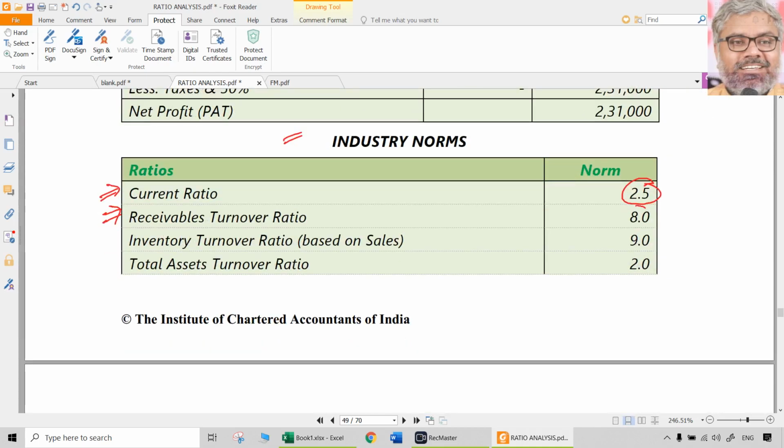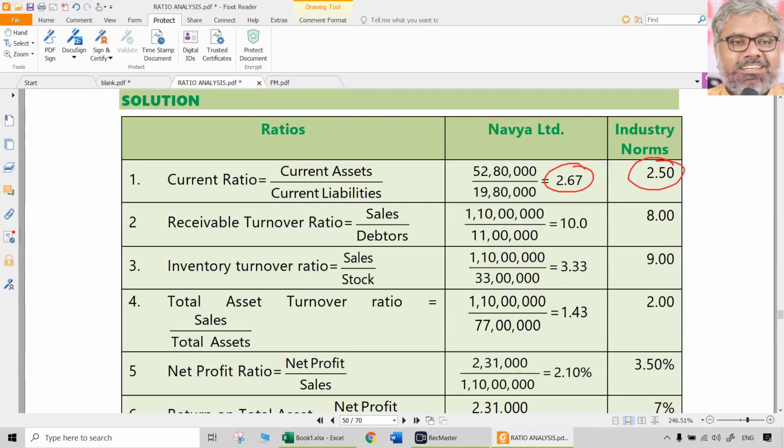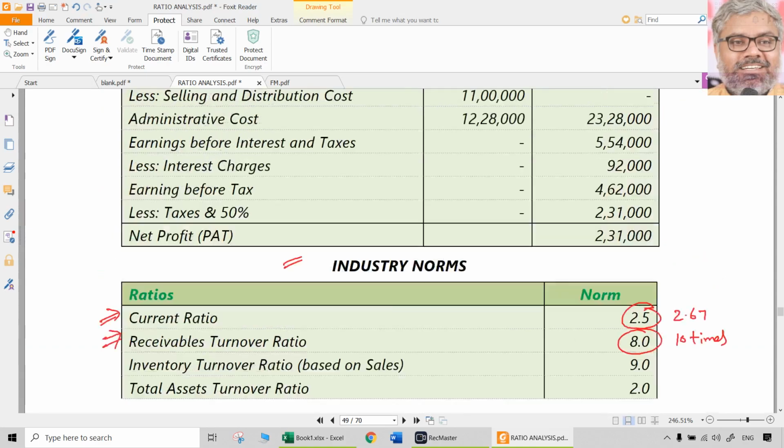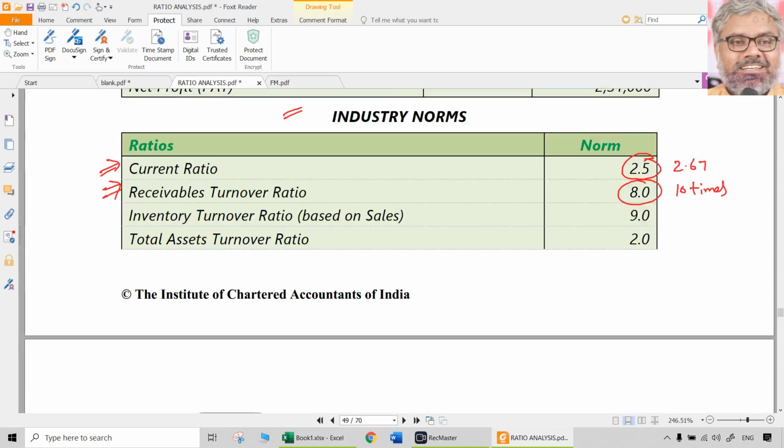Receivables turnover ratio is 10 times. So 2.67 is better, and 10 is also better. Turnover ratios, the higher they are, the better it is. So even the receivables turnover ratio is actually better for Navya Limited when compared with industry.